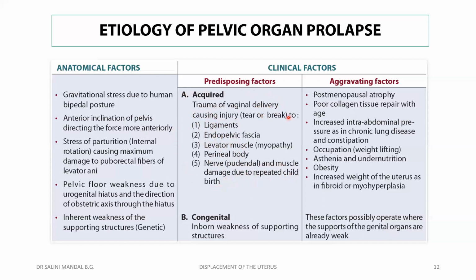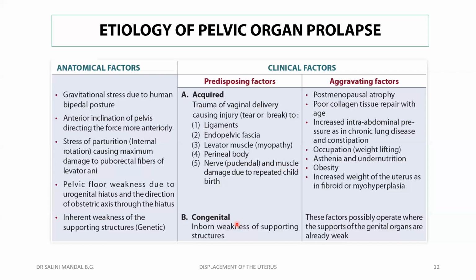So these are a few acquired predisposing factors that can lead to a pelvic organ prolapse. Basically, due to the trauma during vaginal delivery, there will be injury to the ligament, endopelvic fascia, levator muscle, perineal body, nerve, that is the pudendal nerve, and the muscle.